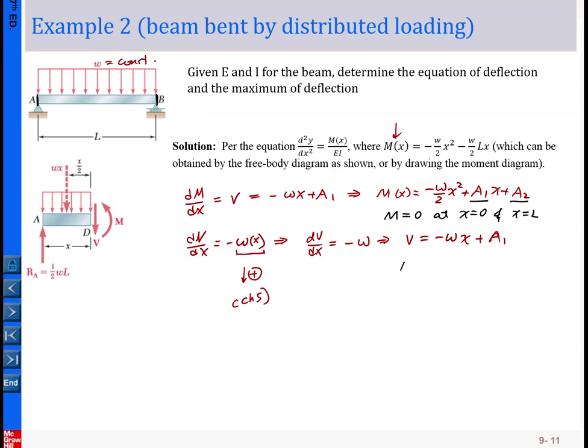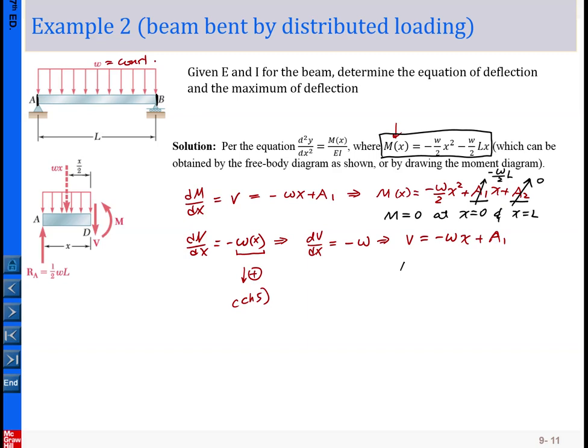By solving for this, we see a2 equal to 0, then a1 equal to omega times L over 2. You can verify that one. By plugging this in, basically we found M of x equal to this one.